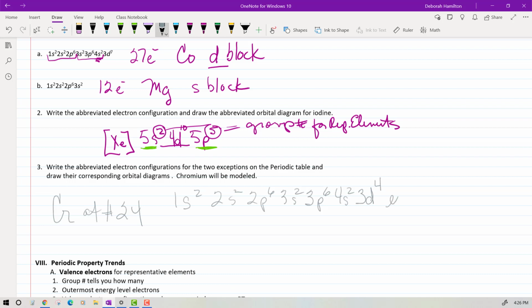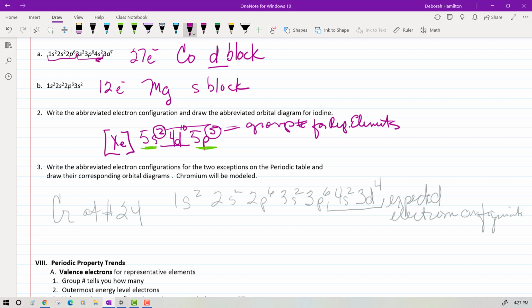This is known as the expected electron configuration, because that's by using the periodic table to help you do that. Expected configuration.